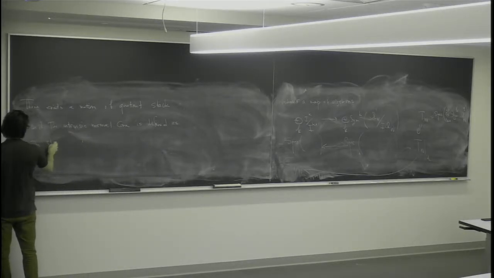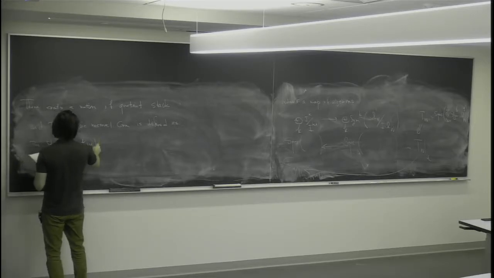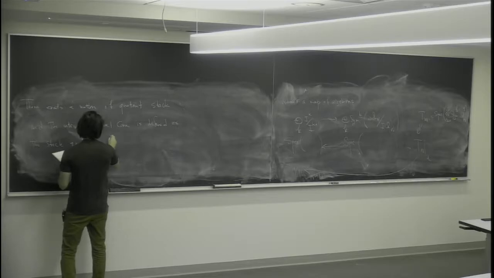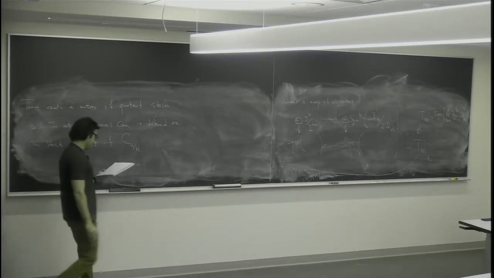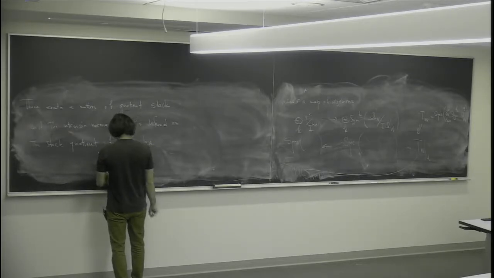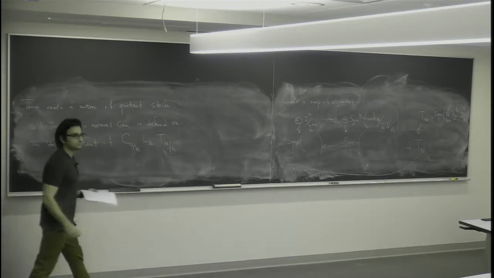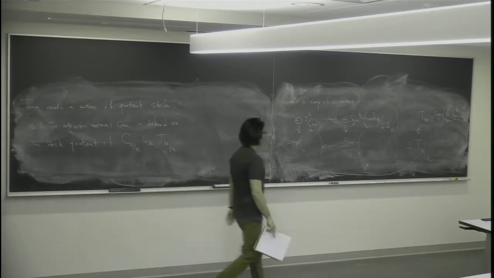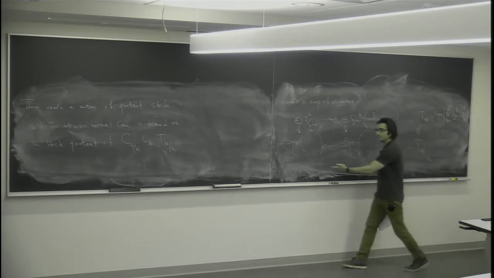So this acts on that, and then you can take the quotient in the stacky sense of C with respect to this. The intrinsic normal cone is defined by this stacky quotient. All you need to do is to glue these normal cones to each other over the whole moduli space.